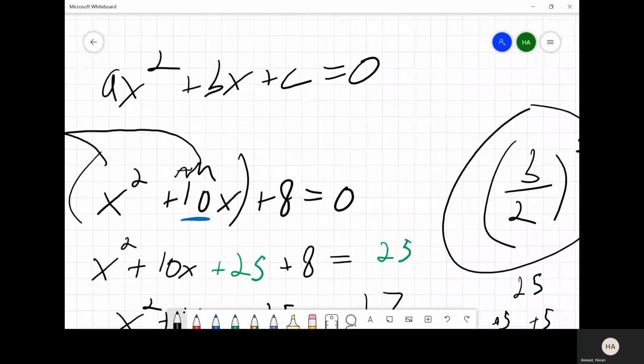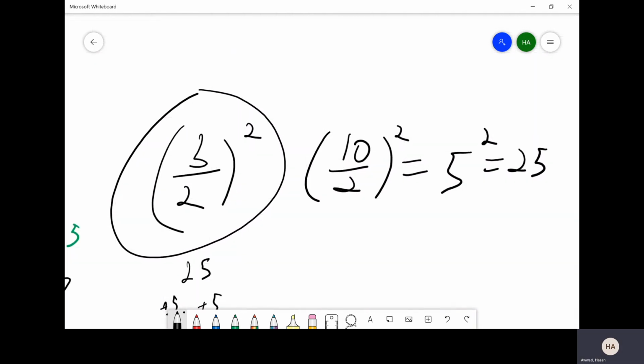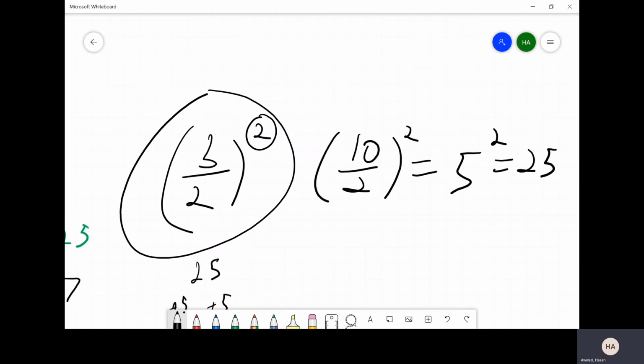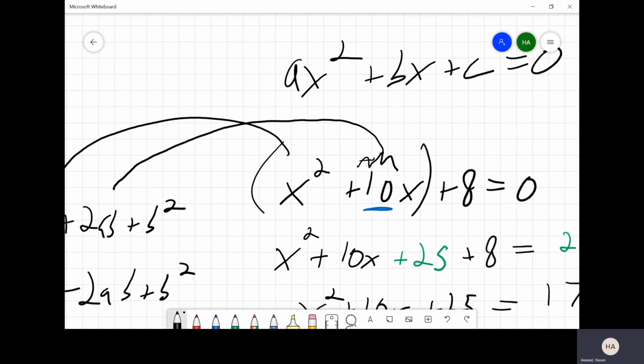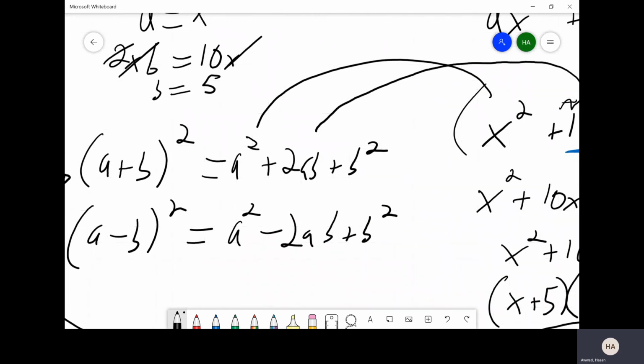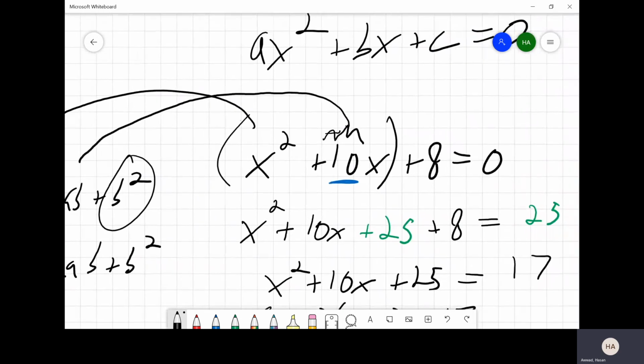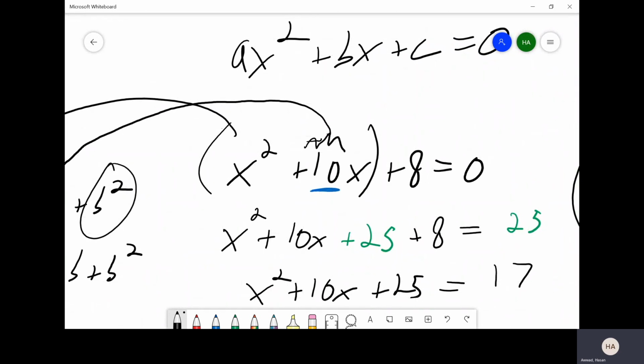And the last thing that you have to consider is this square. That's where this is coming from, and the reason is right here, this term, the plus b squared. When you're looking at x squared plus 10x, you realize all we're really missing is b squared. That's what we've been missing the entire time.